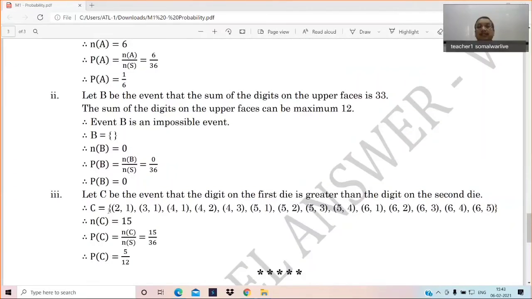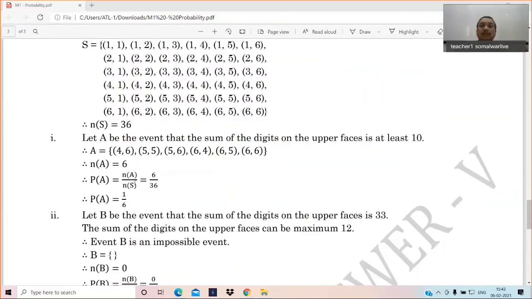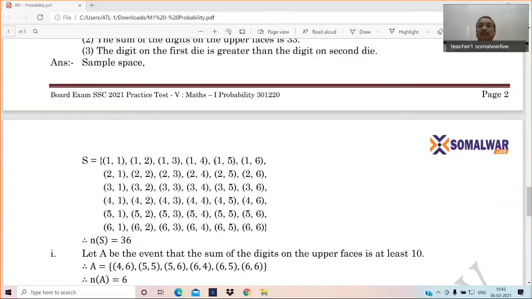Now event C is that the digit on the first die is greater than the digit on the second die. So this cannot start with 1. It can start with 2, like 2,1, only one comes. Then with 3: 3,1; 3,2. With 4: 4,1; 4,2; 4,3. With 5: 5,1; 5,2; 5,3; 5,4.